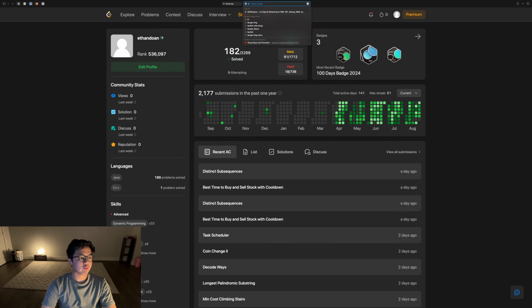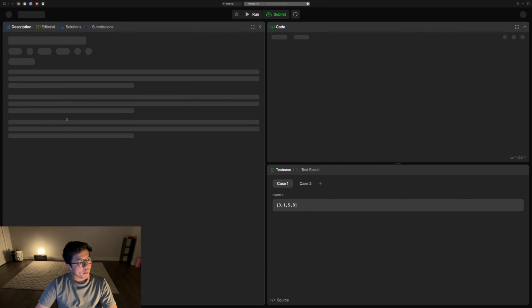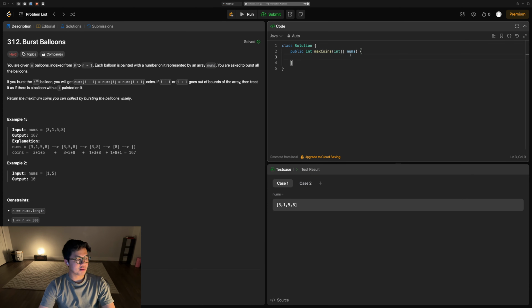Burst balloons. This one will take a while, I feel like. It's quite a complicated algorithm. I don't even know if I can do the DFS solution.